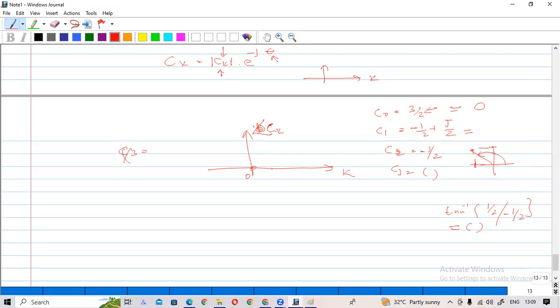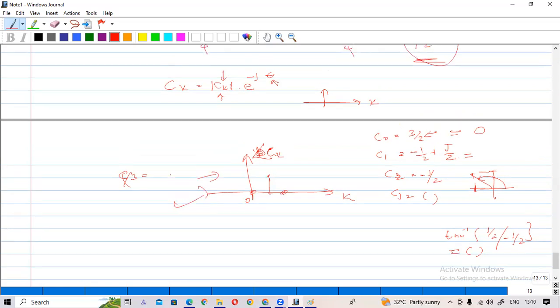I'm not sure, the value may be some value there, okay, and again C2, the phase will be 0 again, okay. So in the same manner, you can draw the phase plot also, okay. So try to plot it, okay.